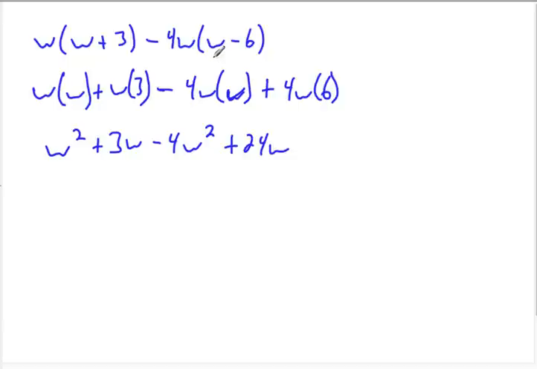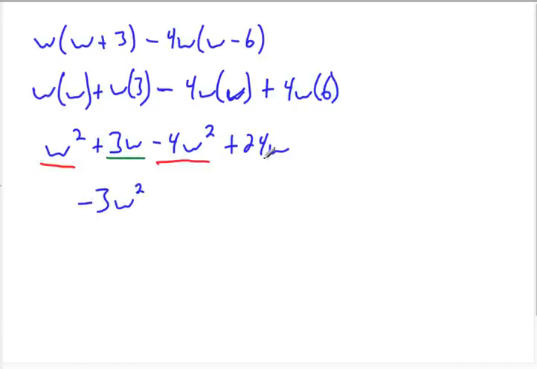So we're not quite done with this one yet, because as you might notice, we have some like terms to combine, and simplifying means that we're going to combine all possible like terms. So when we simplify, we get rid of parentheses, we do all multiplication that's possible, and then we combine any like terms that are possible. So we have a w squared and a minus 4w squared, so that's going to end up being negative 3w squared.